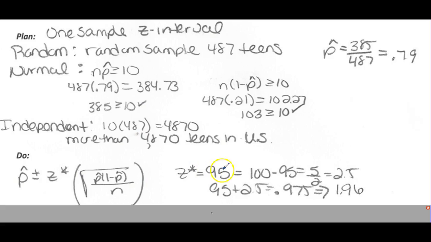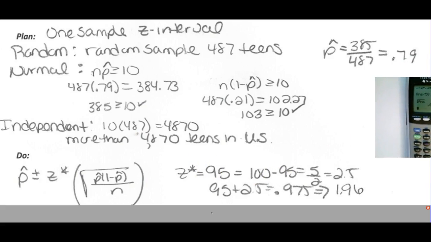So I'm going to have 1 minus 0.95, which gives me 0.05. Divide that by 2, because I've got to do the two tails, plus the 0.95. Now I'm looking for an area of 0.975.